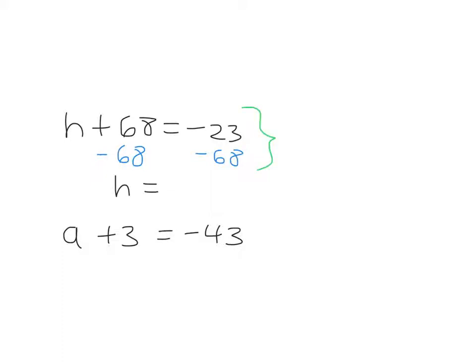So with this situation, you can imagine we have a number line where you have 0 here. Imagine this is like negative 23. And basically we're subtracting 68. So we're starting on negative 23. There it is. Maybe we could put a man there, right? So it's negative 23 minus 68.